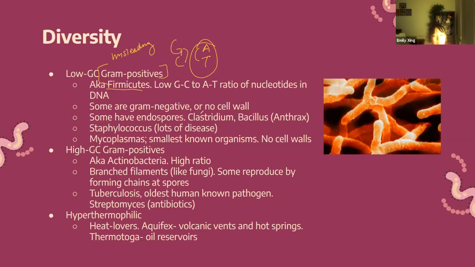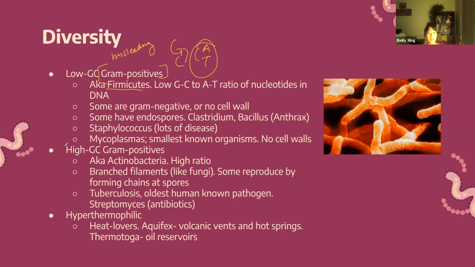Some of these have endospores. For example, you have Clostridium bacillus, which causes human anthrax. Also, Staphylococcus, as an example of these bacteria, causes a lot of things like digestive diseases. Mycoplasmas are the smallest known organisms alive, and they're also part of this group. They have no cell walls.